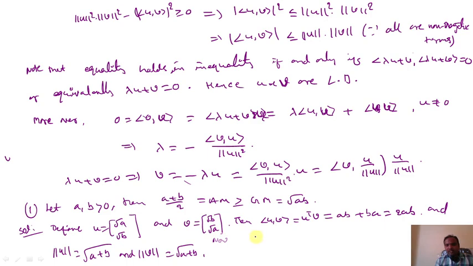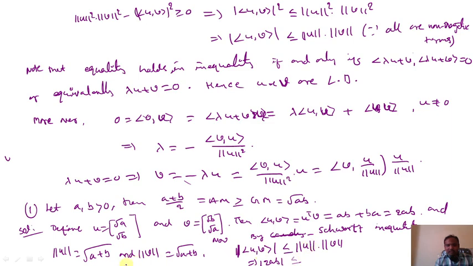Now by the Cauchy-Schwarz inequality, we have mod of ⟨u, v⟩ greater than or equal to norm u into norm v. The value of mod ⟨u, v⟩ is 2√(ab), less than or equal to norm u into norm v, which is under root a plus b into under root a plus b, that is a plus b.